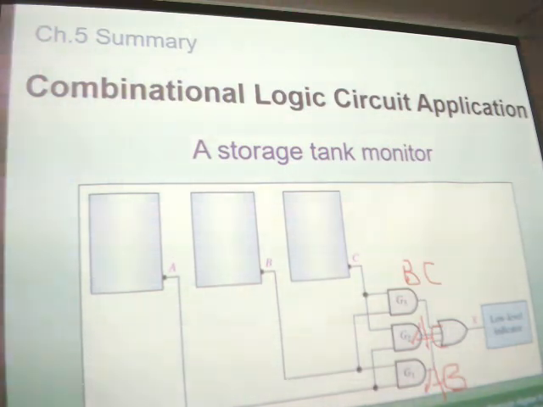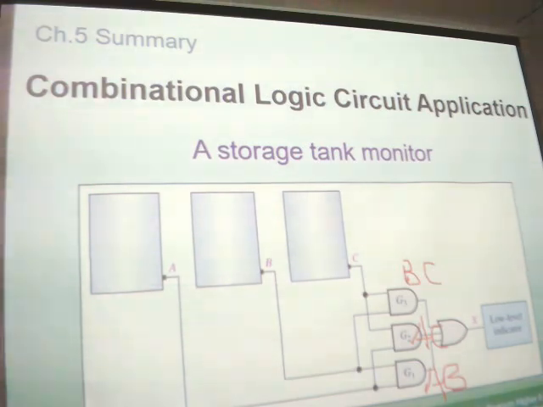Then the output is AC. AC equals A B bar C plus A B C, right? Yes. And AB equals A B C plus A B C bar.